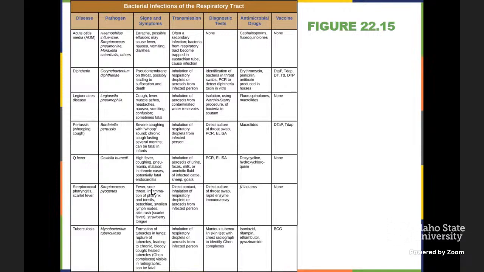All right. So Q fever, we didn't see this, but Q fever was called this for query, for question mark, because we flat out didn't know what was causing this, right? Super high fevers and coughing, pneumonia, malaise, you just feel like crap, and maybe fatal endocarditis. So we ultimately figured out the Q. All right, Coxiella burnetii is the culprit.